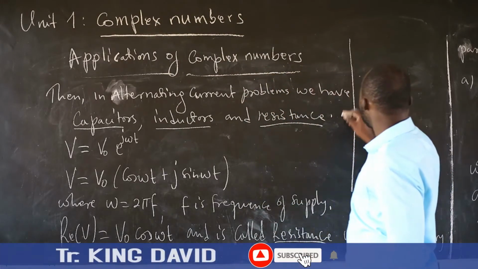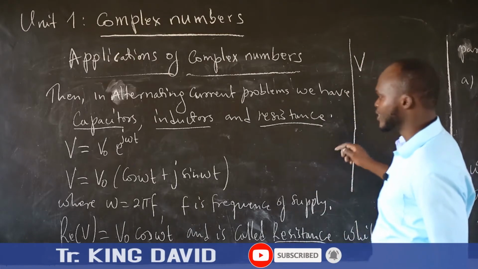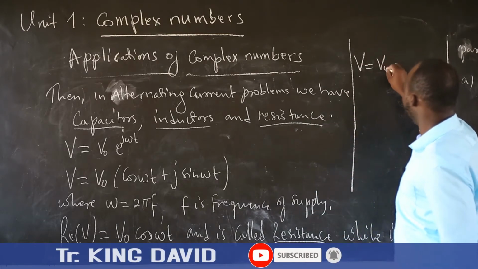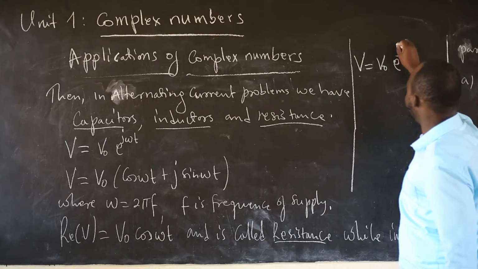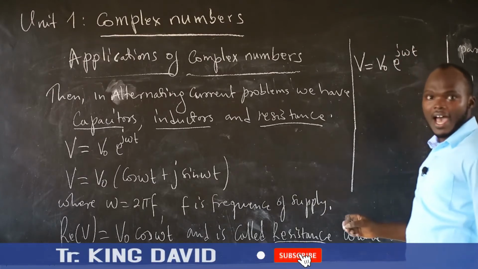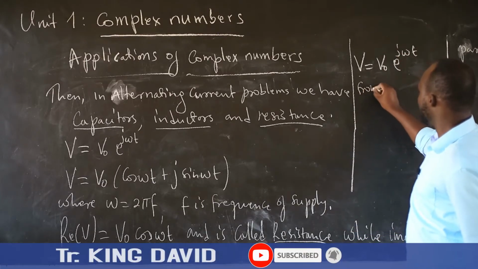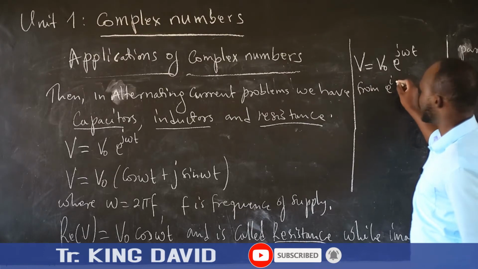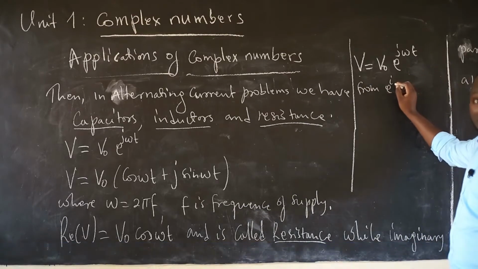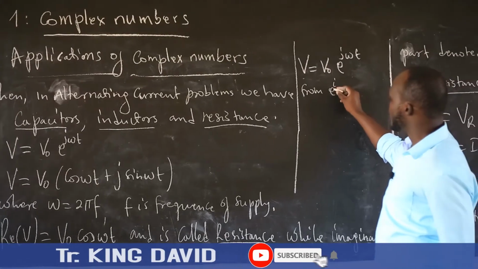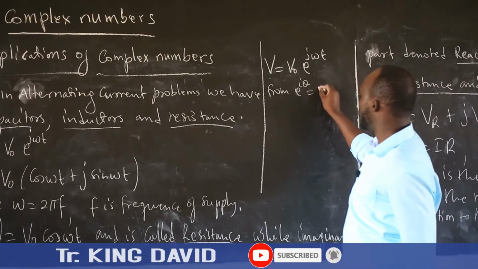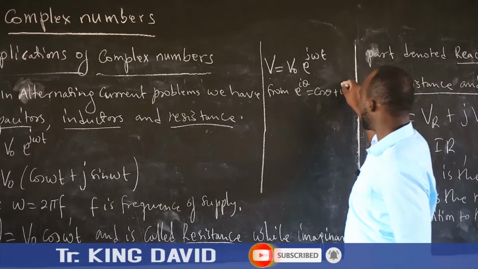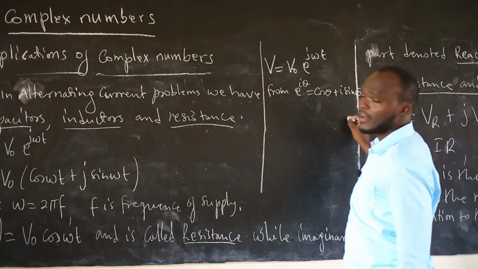So now there is V, you know that this is voltage, which is equal to VO e power j omega t. And you know that e power j angle, in the exponential form, is cos angle plus j sine angle. I think you remember this one.